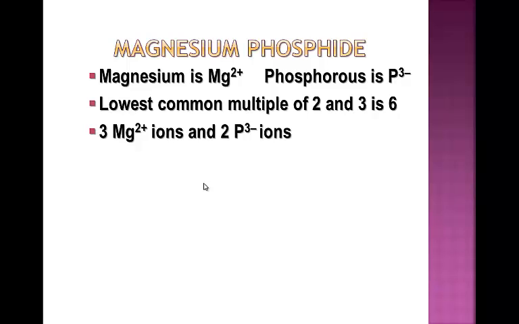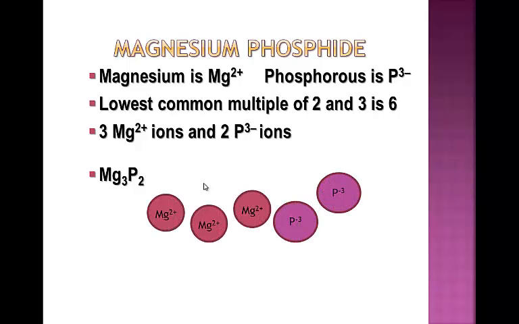In order to get 6 of the 3- charges, we need to have 2 of them, so that means we need 2 of the phosphide ions. So overall, we produce a compound that's Mg3P2. The subscript immediately behind the ion identifies how many of that ion are there.